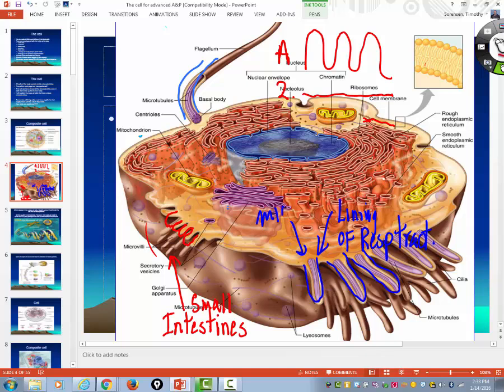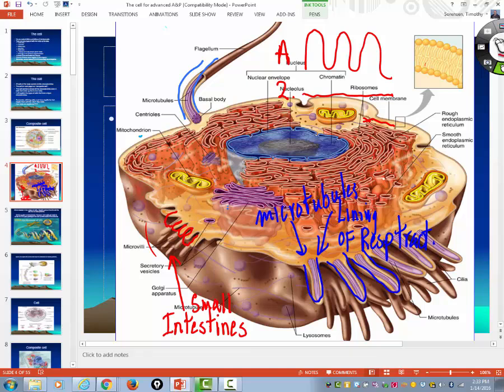So microtubules are structural proteins that make up the cell's framework. They form the framework of the cell. And how those microtubules are arranged determines the cell's shape.